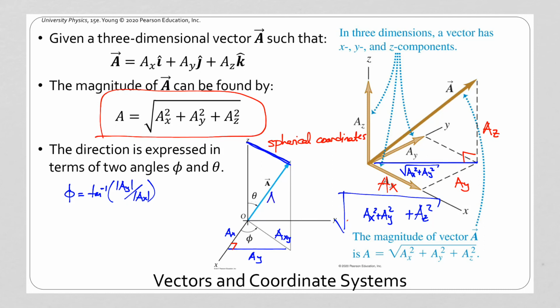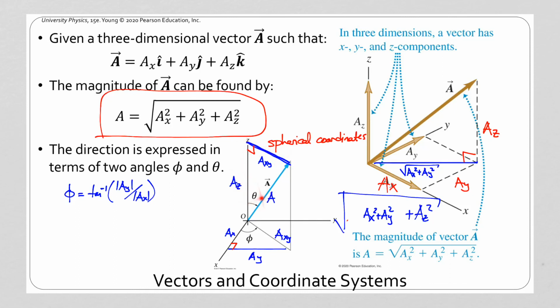If I want to find this angle here, this angle is in a different right triangle. This is the magnitude of vector A. This is the z component of vector A. That's along this side here. And this side right here is side length Axy. This side here is the same as that side there. And so if I want to find this angle, I have a right triangle here where my z component is perpendicular to the xy plane.